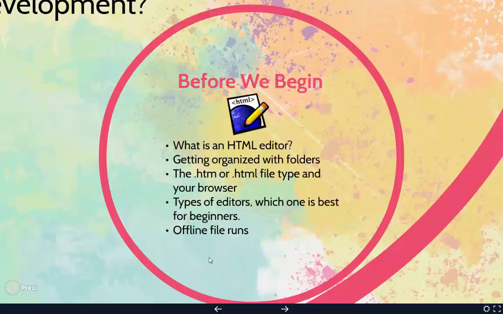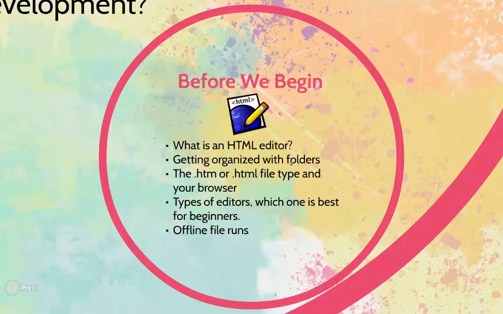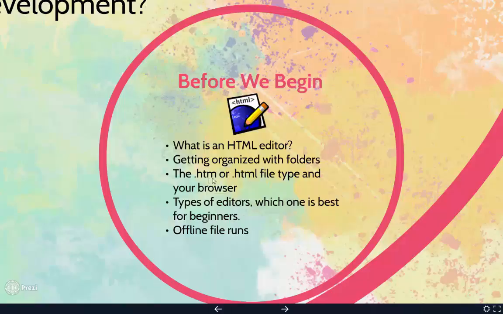I'll tell you. Apart from the need for an HTML editor, you need to get organized with the folders. You need to make sure that you have an organized mindset. You cannot learn the language unless you have your folders organized. I will show you how to do that. Then you need to know the file types, the HTML file type, and your browser.